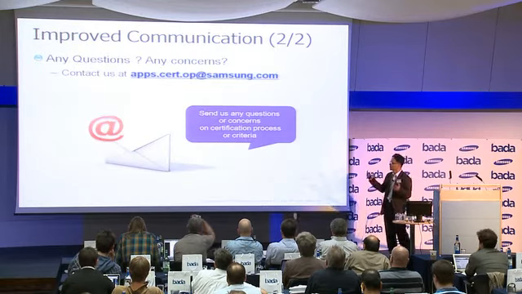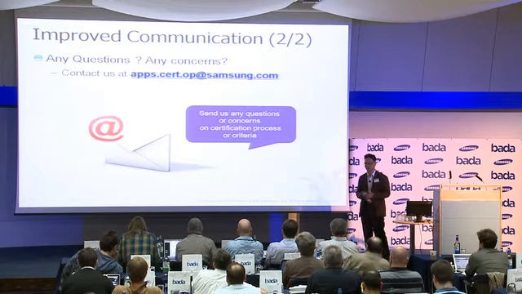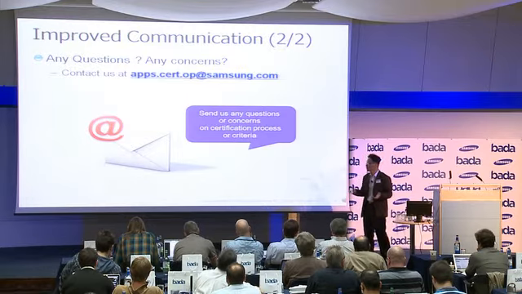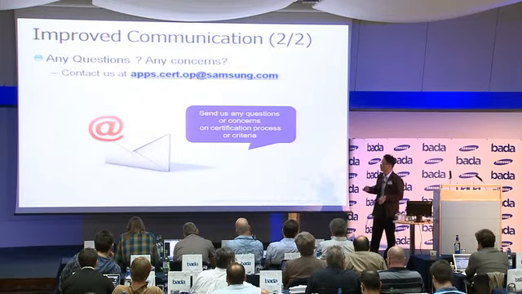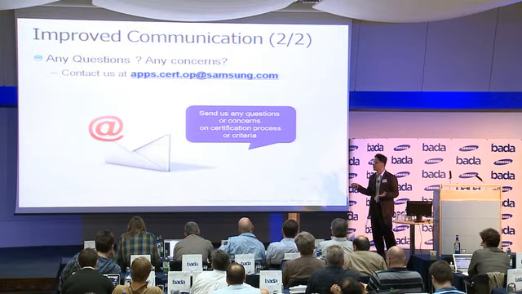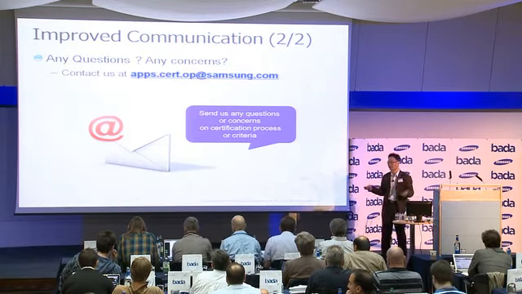Another communication way is bidirectional communication by email. Maybe you're not satisfied with the certification result. Then maybe you have some complaints, concerns, or lots of suggestions. You can send us an email and we will answer you in a timely manner.